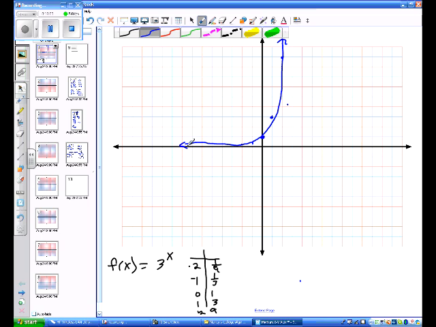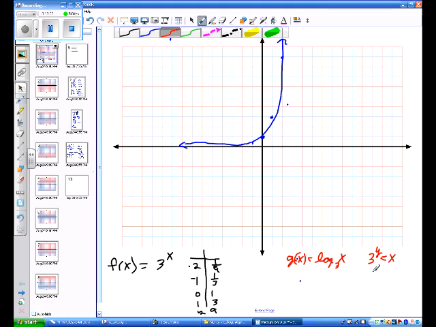Now we want to graph this in the form of a logarithm. So we might want to graph g of x is equal to log base 3 of x. If we wrote that back in exponential form, that would be 3 to the y equals x.